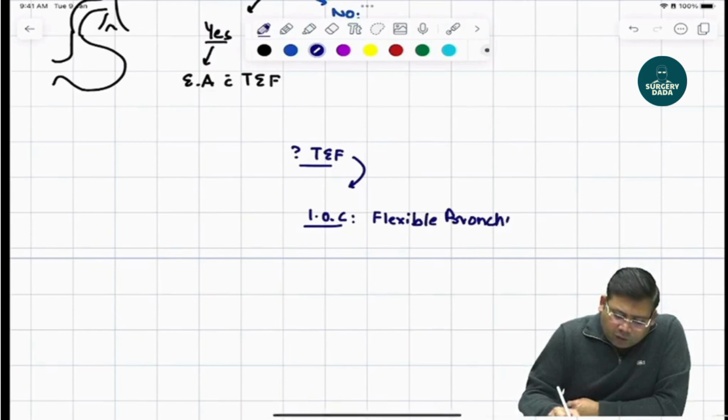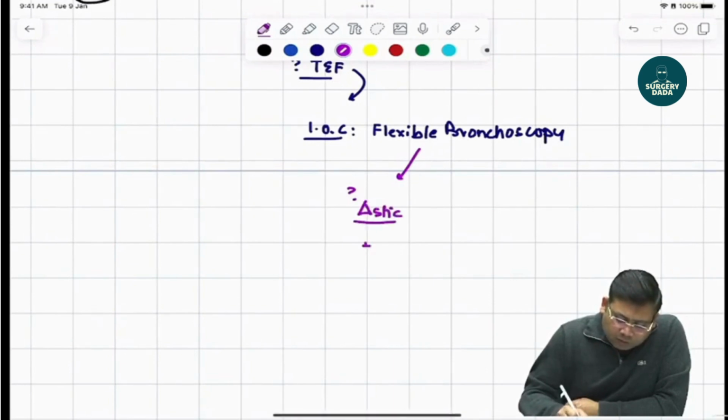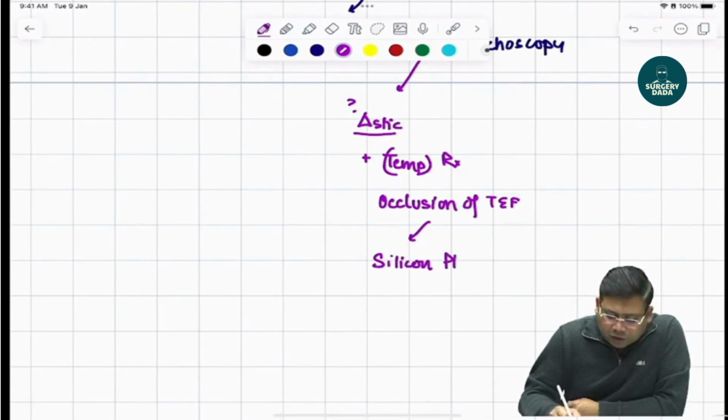Now why do you go for flexible bronchoscopy? There are two things that you need to understand, because not only is it diagnostic, but it may also be temporarily therapeutic. How is it temporarily therapeutic? Yes, you can do the occlusion of TEF. And how can you do occlusion? We have two things: either a silicon plug occlusion, or a balloon catheter-based occlusion.